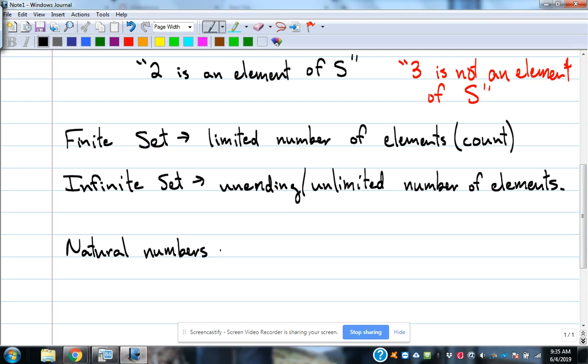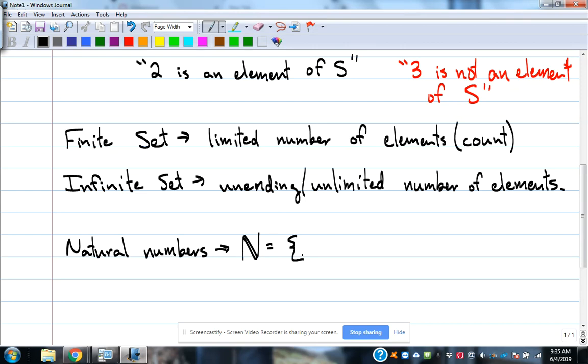The natural numbers, the notation for natural numbers is a capital N, but then they put 2 bars in the middle. So they double that bar in the middle. That's the shorthand for natural numbers. The natural numbers are the natural counting numbers.